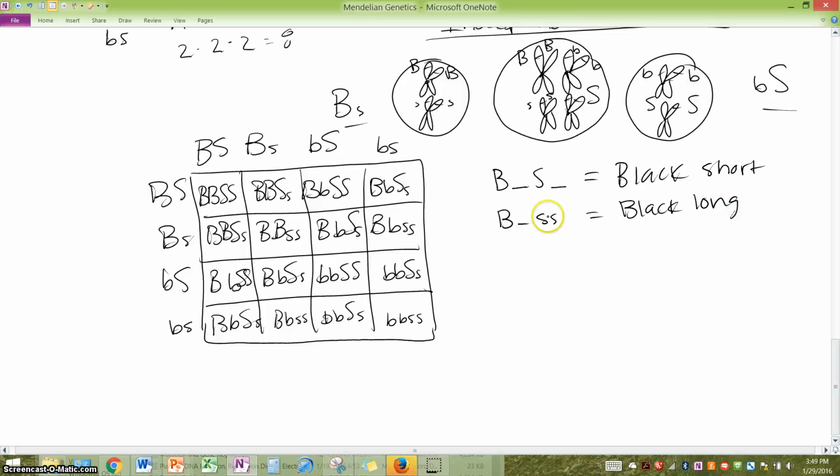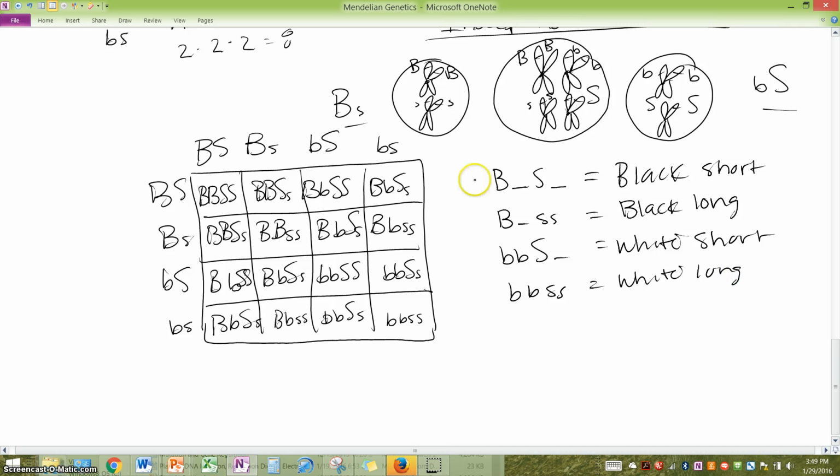So black hair, but the lack of the dominant allele is going to give you long hair. You could also have white hair. And this would be white and short, or I could have white and long.